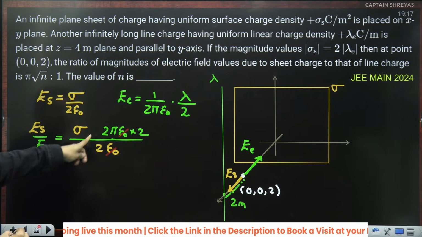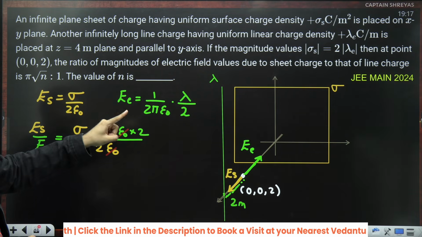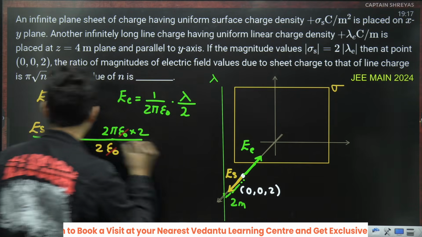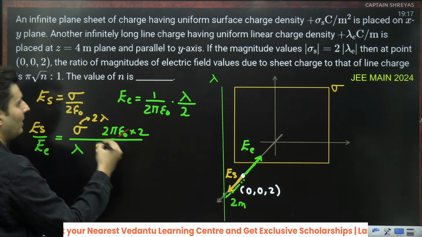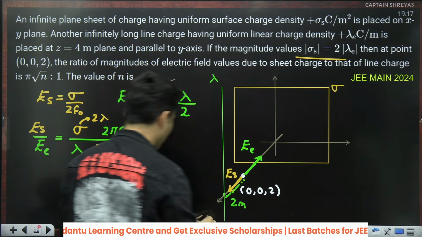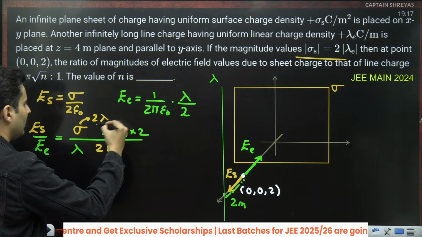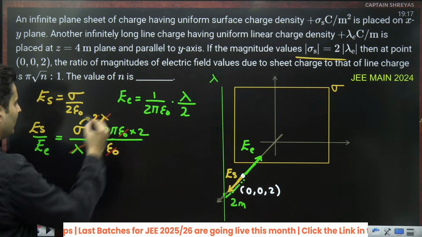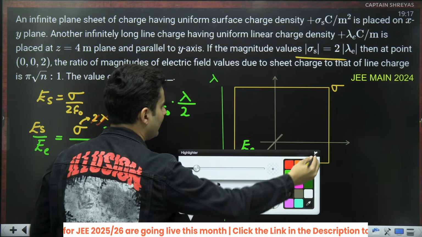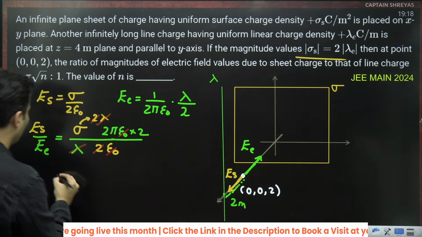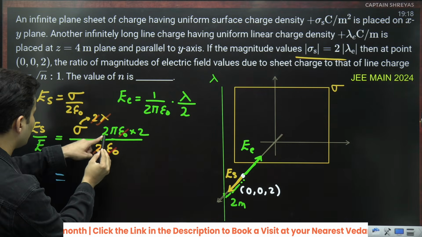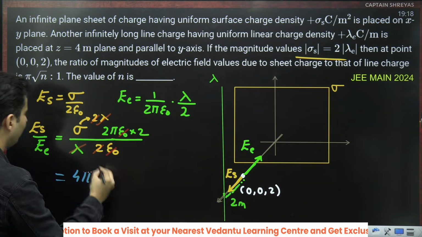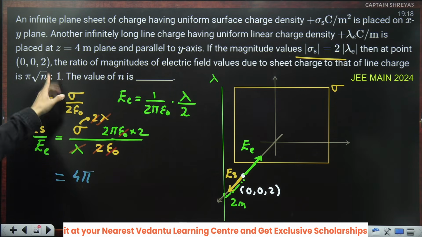Sigma is given to be twice of lambda, as per this expression. So again, lambda cancels with lambda, and the number 2 cancels with the number 2. What I am effectively left with is, check this out, this 2, this pi, this 2. That's all. So basically only 4 pi is there.